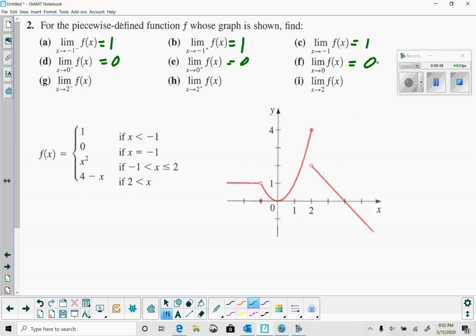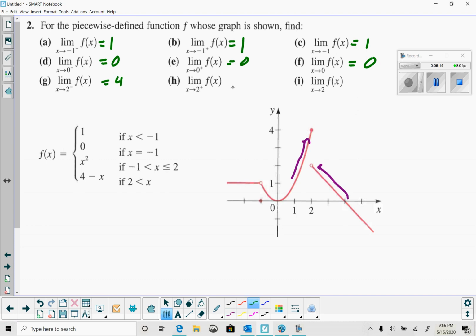And then for part G, the limit as x approaches +2 from the left. So this way we're following the lovely parabola here. Looks like we're heading up to a value of 4. As we approach the limit as x approaches 2 from the right, that means we're following this part of it.